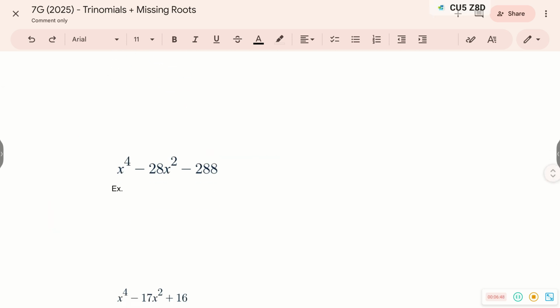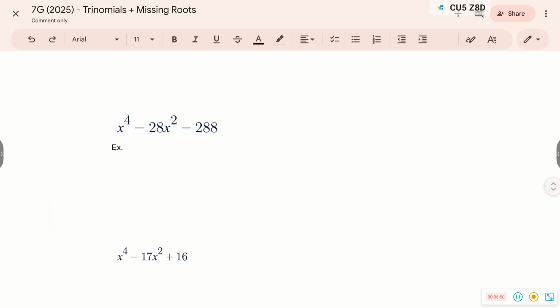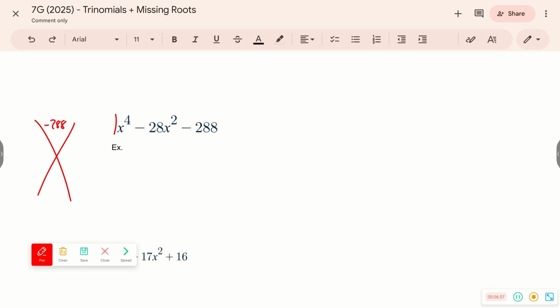Last example. X to the fourth minus 28x squared minus 288. So we have 1 times negative 288, we have negative 288 and 28 down here. And so our two terms should be negative 36 and positive 8.